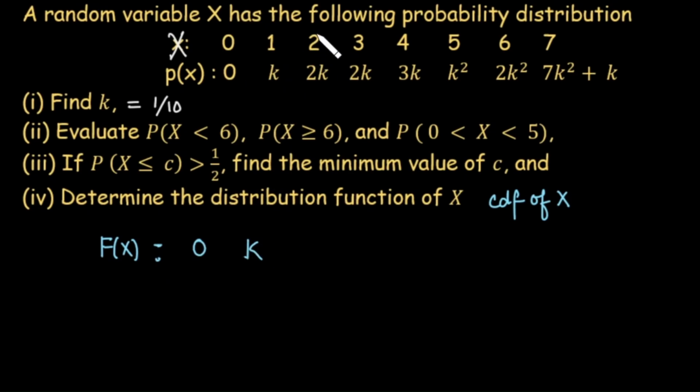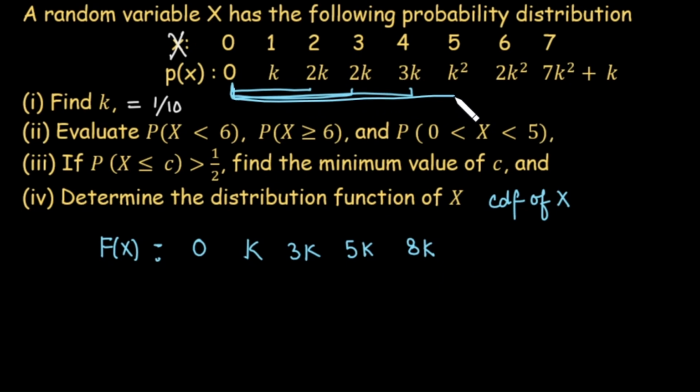For x equal to 2, the sum of these three probabilities, that is 3k. For x equal to 3, the sum of these four entries, that is 5k. Then the sum of all these probabilities, that is 8k. Then the sum of all these probabilities, that is F of 5, 8k plus k square.